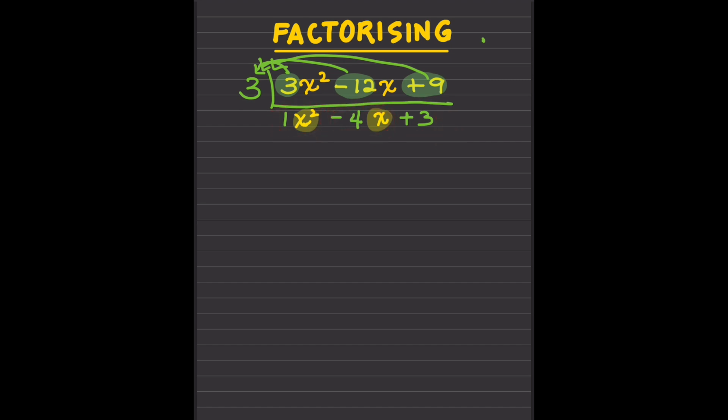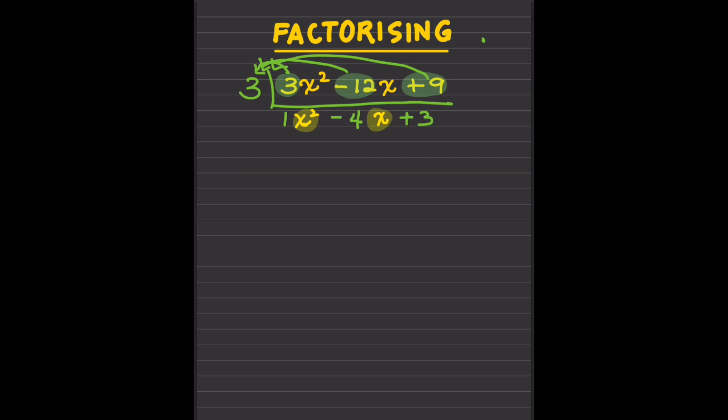So you cannot use x as a common factor. Okay? If there was an x here, yes, but there's no x there. And remember, common factors need to be common to all the terms. Okay? This has an x squared, this has an x, but this is a constant. It has no variable. Okay?